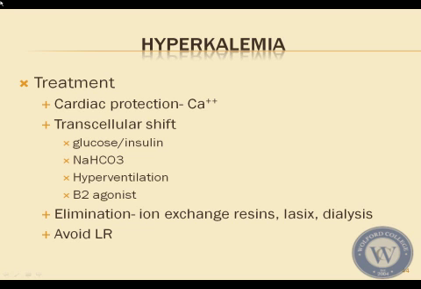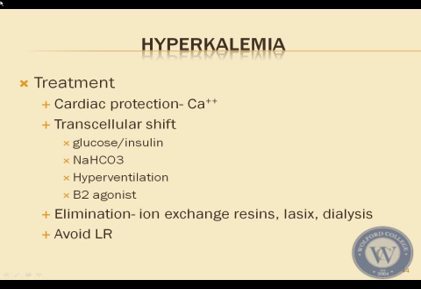Hyperkalemia is usually treated by cardiac protection first, so giving calcium, usually calcium chloride in these individuals, followed by transcellular shifting of the potassium back into the cells. This can be done by hyperventilation or sodium bicarbonate treatment, and glucose insulin and beta-2 agonists are also used as bronchodilators.